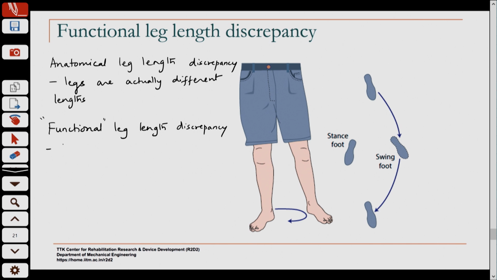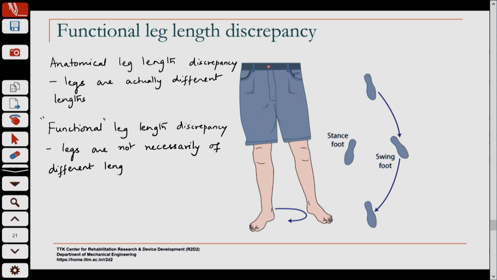Here the legs are not necessarily of different lengths, although they may be. It is possible that the functional leg length discrepancy is caused by an actual anatomical leg length discrepancy also.